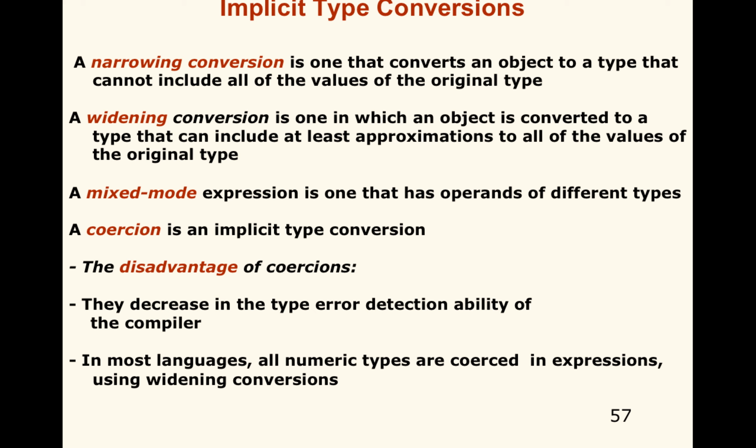So if we wanted to do something different with it, how do we know that the calculation is actually going to work? In most languages, all numeric types are coerced in expressions using widening conversions. That's what I just explained with the Python language. So most languages, not C or C++ or Java, that require an explicit type conversion to change the type so that they match, so that type checking can be performed.